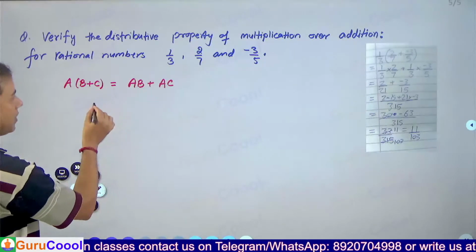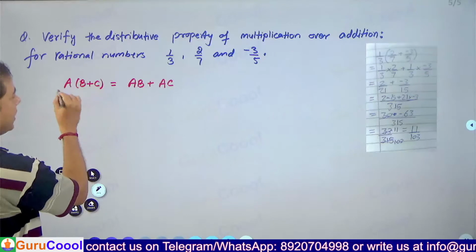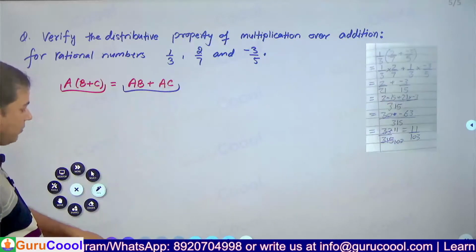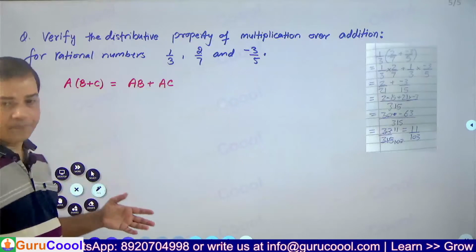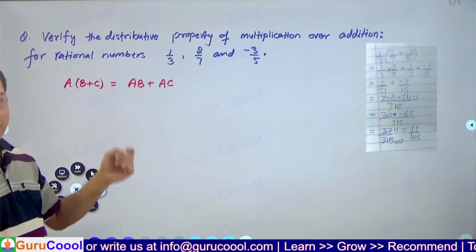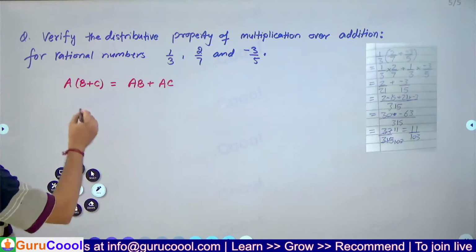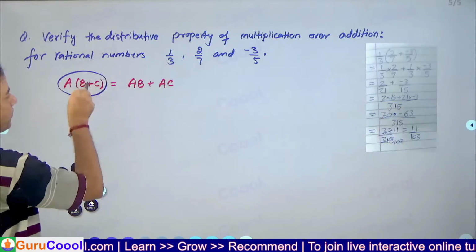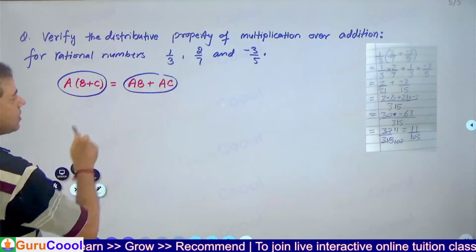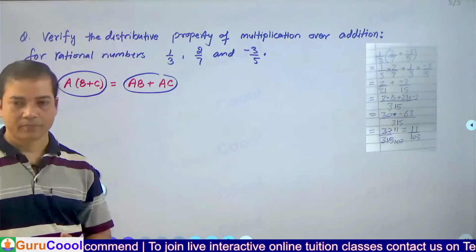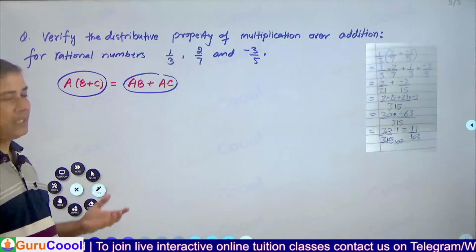Verify means we have to check if they are really equal. So what we do? We find the value of left hand side and right hand side expressions separately. And if they are equal, then we say yes, this is verified.